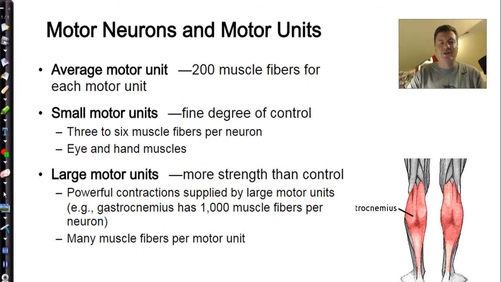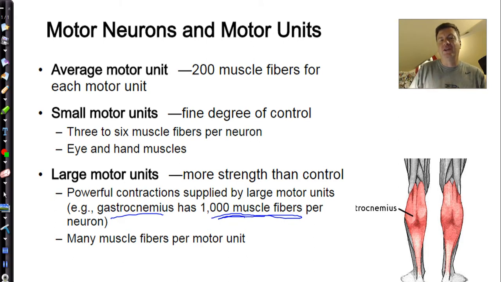Think about something like the gastrocnemius. Here, we don't need fine, coordinated, smoothly tuned movement. We need powerful movement. So here you may see 1,000 muscle fibers are controlled by one neuron. When that neuron fires, 1,000 different muscle fibers are going to contract. Okay, that's going to be for strength.